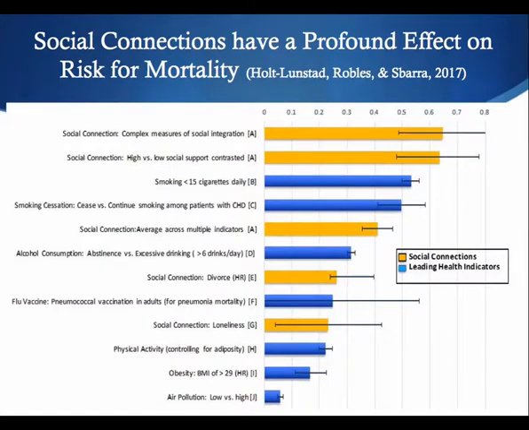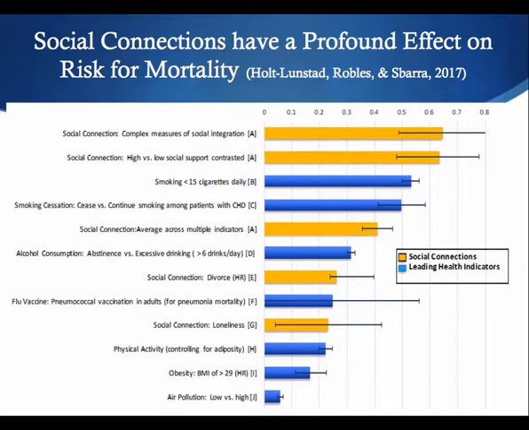So to really benchmark this against other kinds of risk factors that we take quite seriously for our health, the orange bars on here represent a variety of indicators of social connection. The blue bars indicate a variety of leading health indicators, the top being smoking up to 15 cigarettes per day.